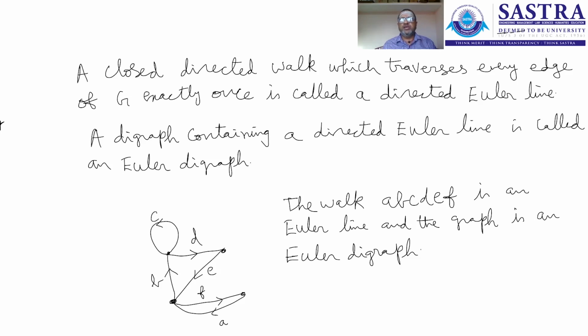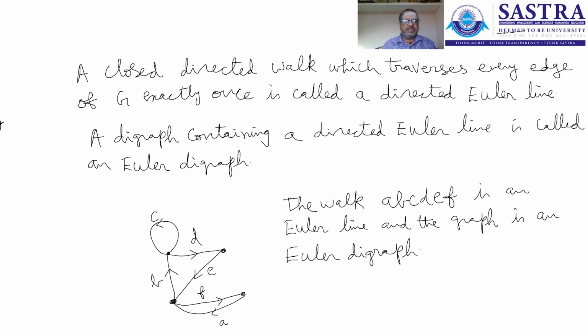So basically, it begins like this: start with a directed walk, make it a closed directed walk, and see to it that all the edges of the graph G are travelled exactly once. If that is possible, then such a graph is called an Eulerian digraph.